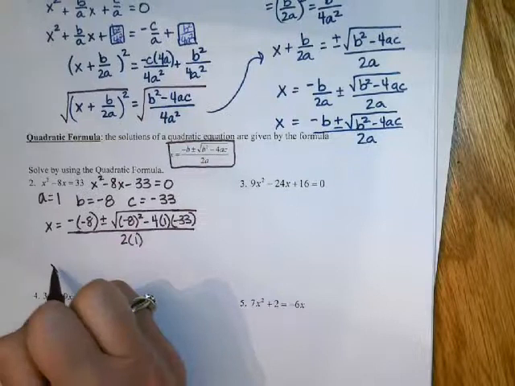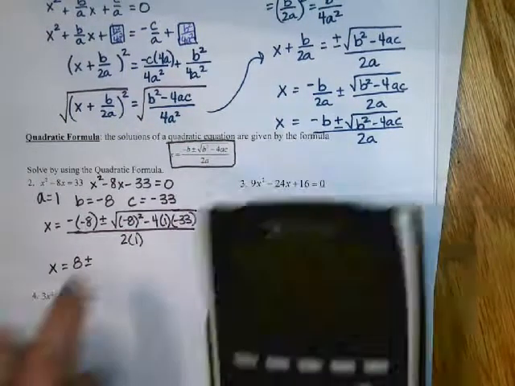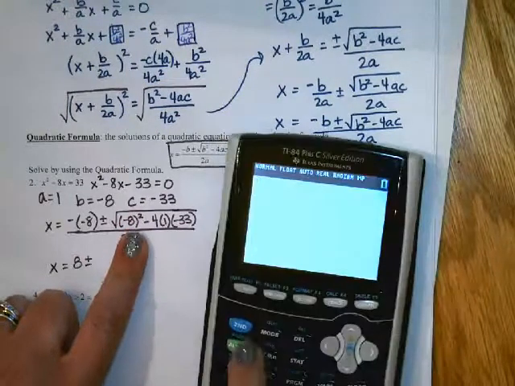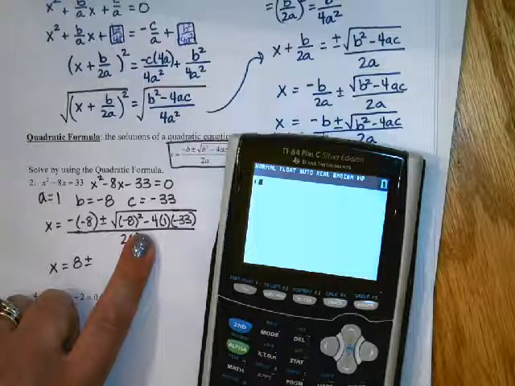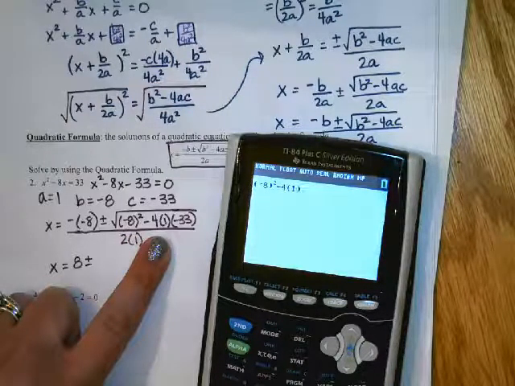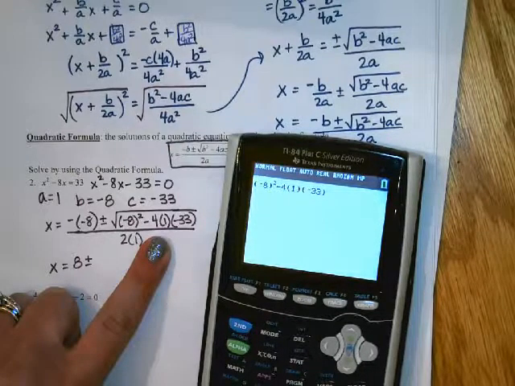So here's what I have. I have x equals positive 8 plus or minus, and now I'm just going to put the guy under my radical in my calculator, not the whole radical, just what's underneath it. Negative 8 squared minus 4 times 1 times a negative 33. Notice I didn't put the radical in.